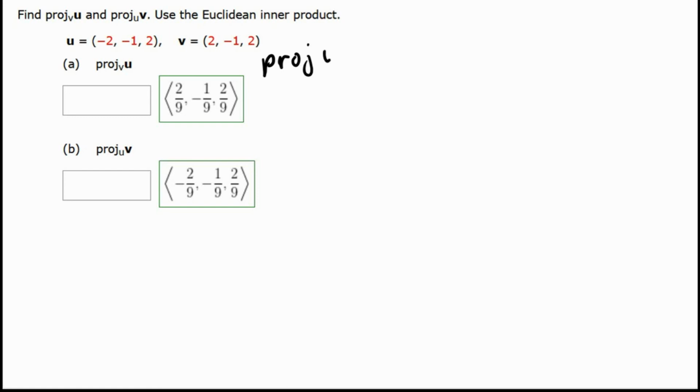The projection of u onto v is the inner product of u and v divided by the norm of v squared. I know the author here just says it's the inner product of v with itself, and that's good. It's the same thing, times v. And then here he just reverses that, so you just interchange where u is with v. They just change positions.